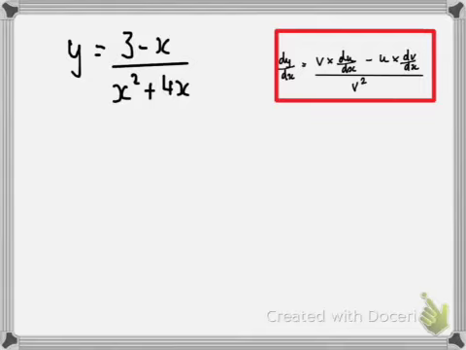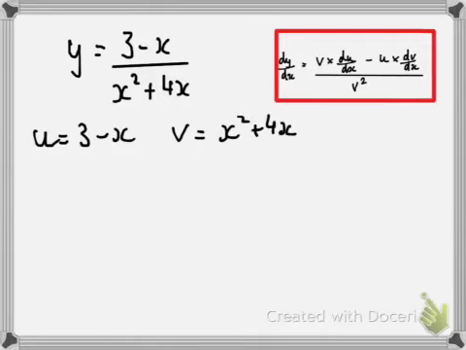So let's start with that. u equals 3 minus x, and v is x squared plus 4x. So straight away what we're going to do is get the derivative of both of those. So du dx is going to equal negative 1.